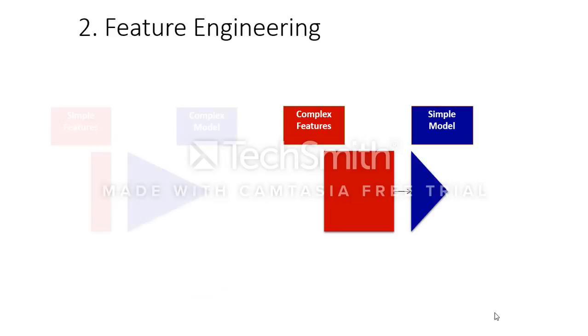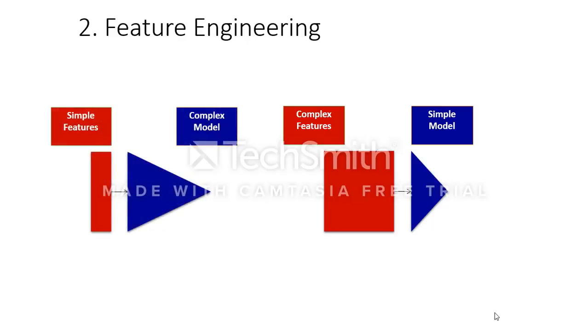The second way is feature engineering. It is a huge area called feature engineering, where we extract some features, we build a model, we build the best possible model with this set of features. I cannot do better than this.